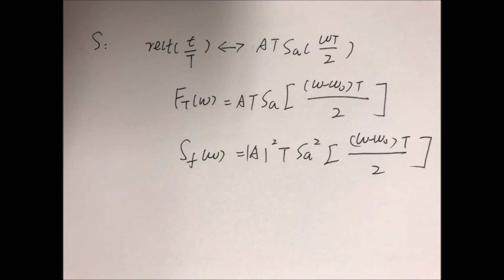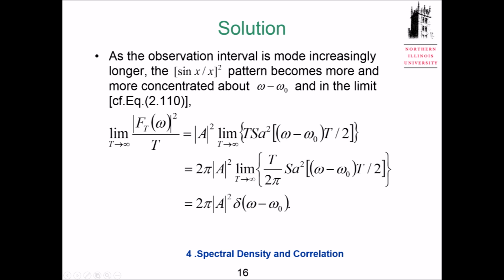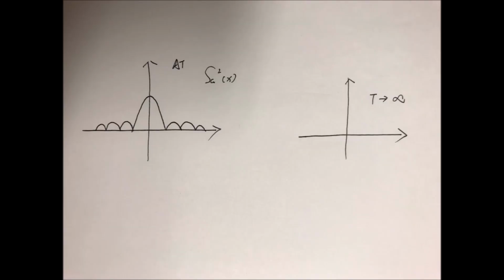A is already related with T, so we move it outside to this limit. Sinc squared looks like this, and the amplitude is T, the duration is 1 over T. So when T goes to infinity, this will be very, very high, and the duration of the middle will be narrow, going to 0.